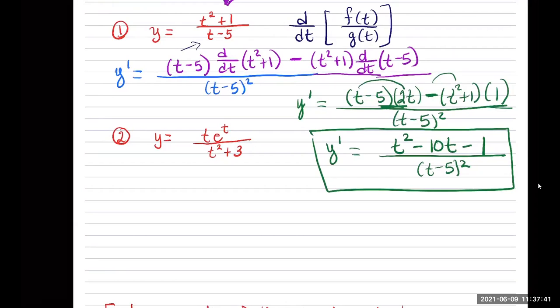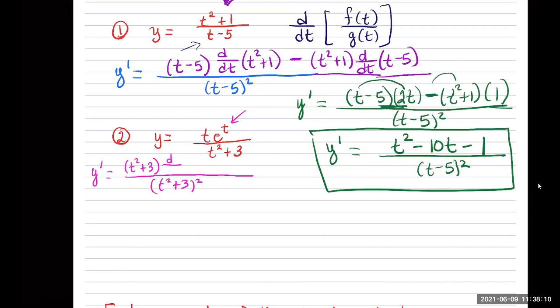Okay, so the next example, notice I have a quotient. So I'm definitely going to be using the quotient rule again. So when we take this derivative using the quotient rule, I know that the bottom is squared. And notice I have the bottom times the derivative of the top. But notice in the top, do you see we have a product?